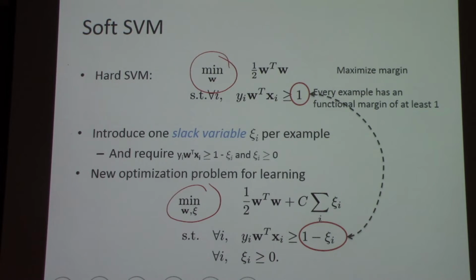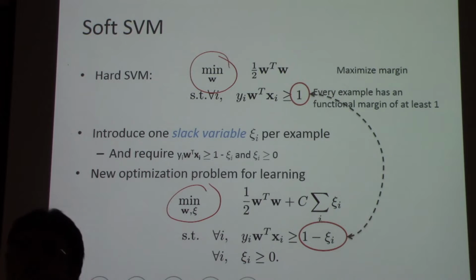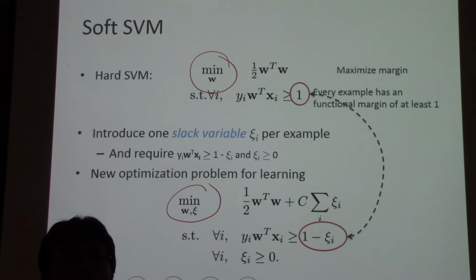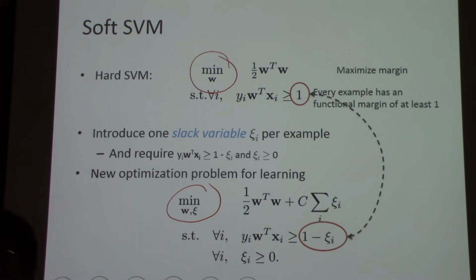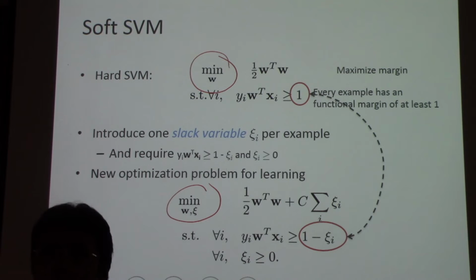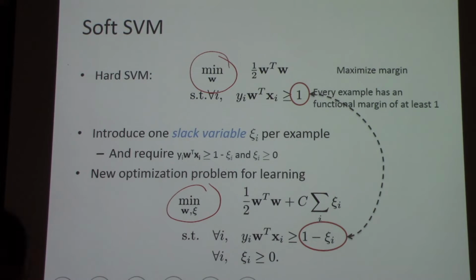In the hard SVM, you minimize only over the W's. In the soft SVM, you try to find the best assignment for W and all the slacks together. So you're making it a much larger problem, trying to find a joint assignment to W and all the slack variables such that this objective is minimized and all these constraints are satisfied.